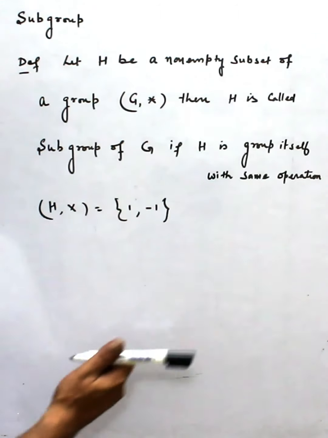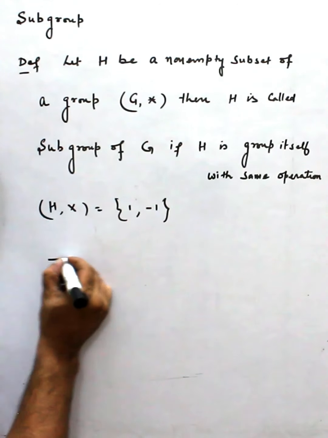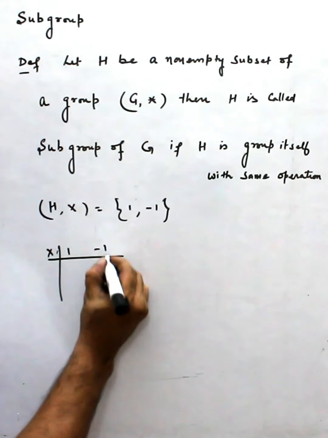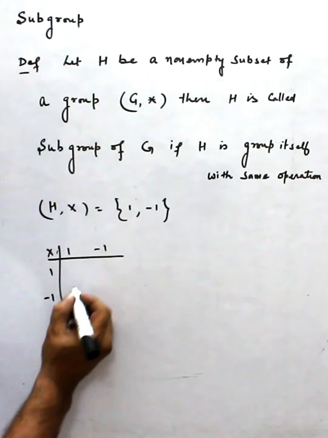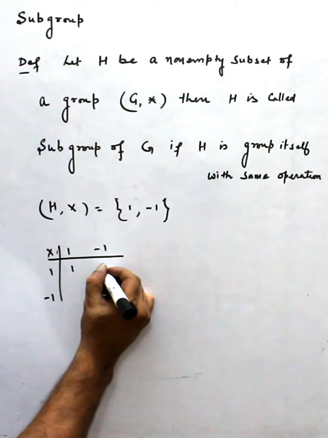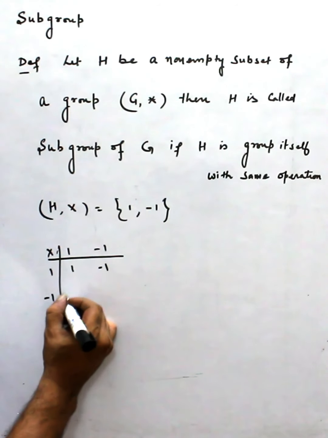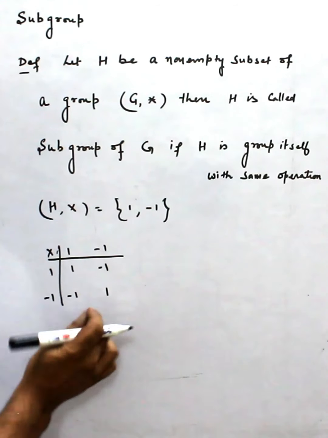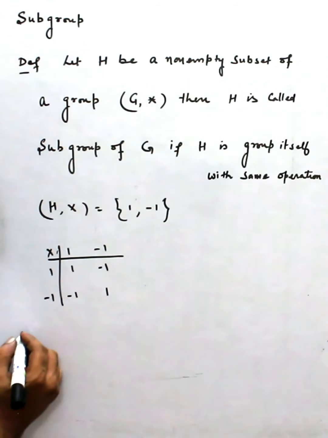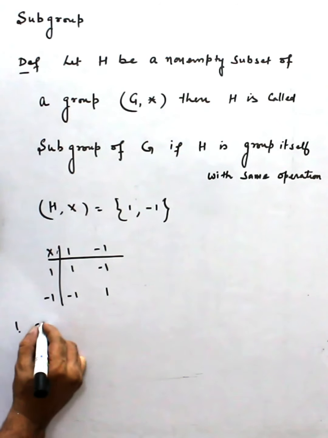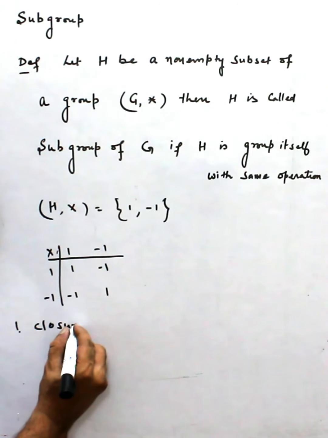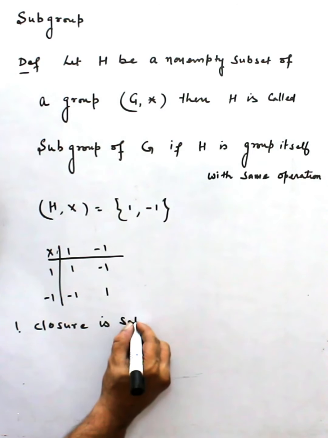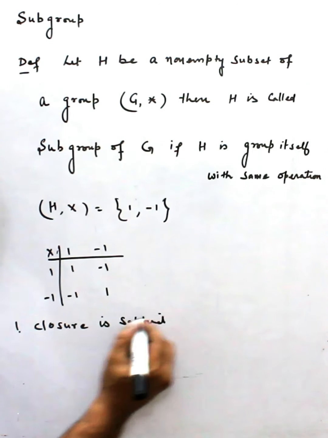Now if I extend this to 1 and -1, then also we can easily check. Our operation is multiplication. 1, -1 multiplied with 1, -1: this is -1, and -1 times -1 is 1. This is again closure, so closure is satisfied.